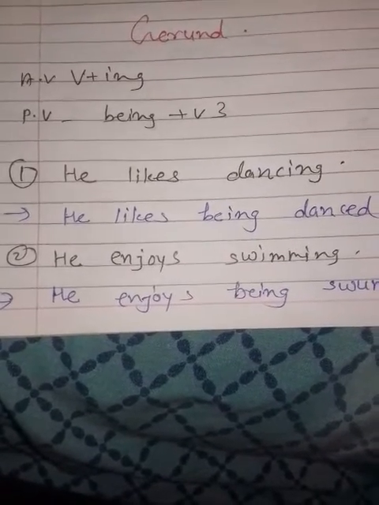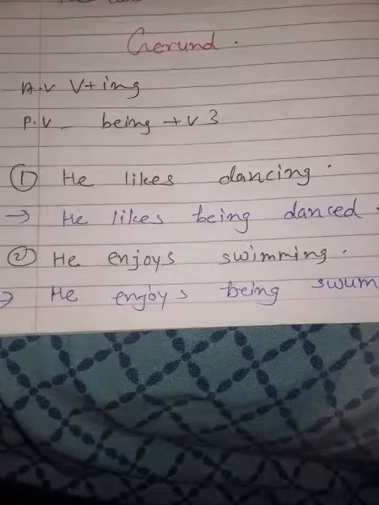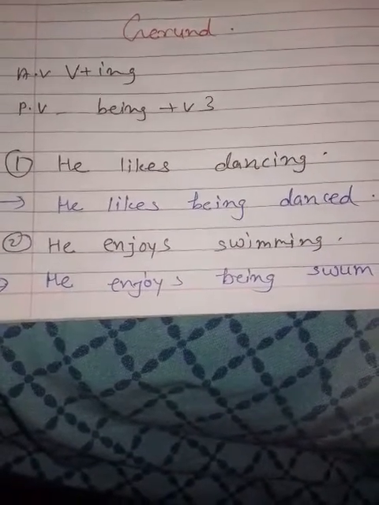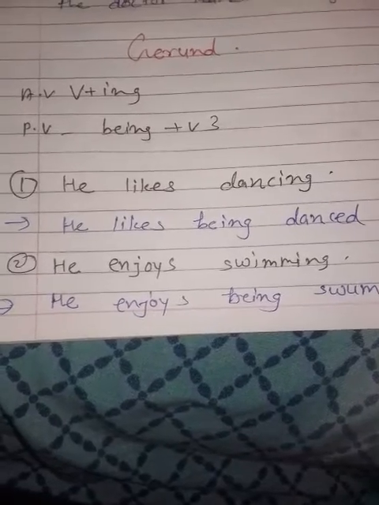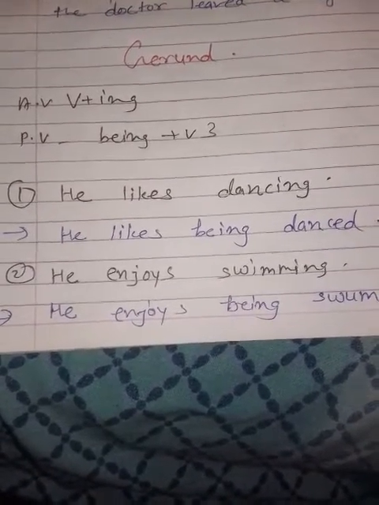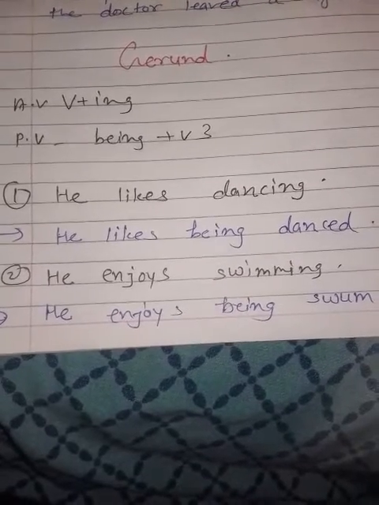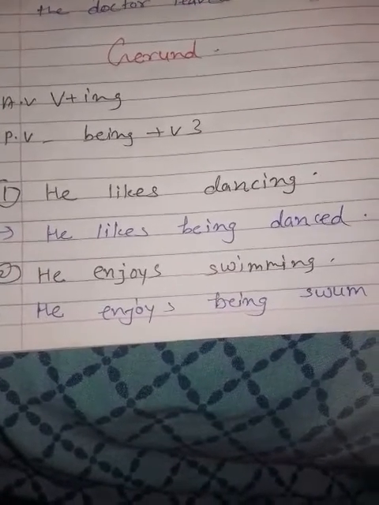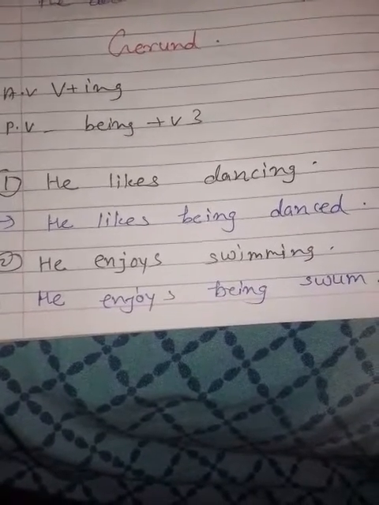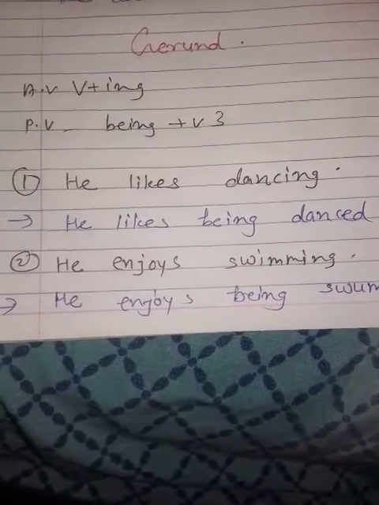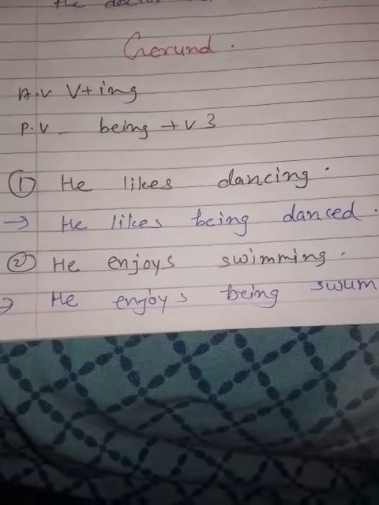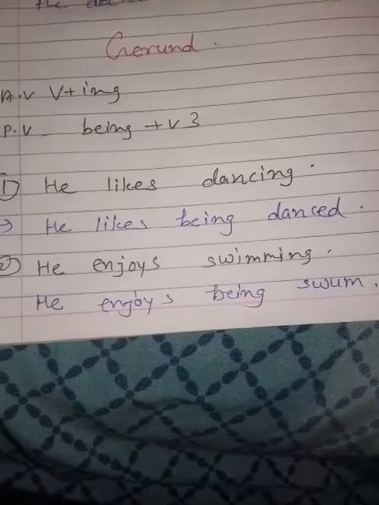The method for changing this type of sentence into passive voice is like this: we take the same subject, he, the same verb, likes, but we change dancing into being danced. Second example, he enjoys swimming. Same as he, same verb enjoys, but we change swimming into being swum.